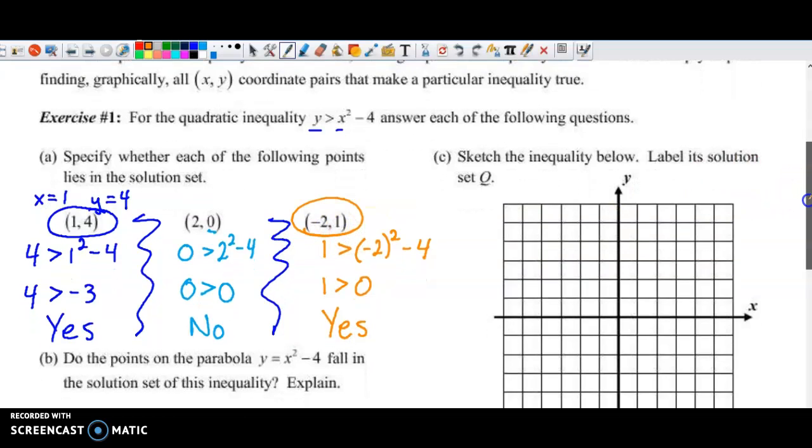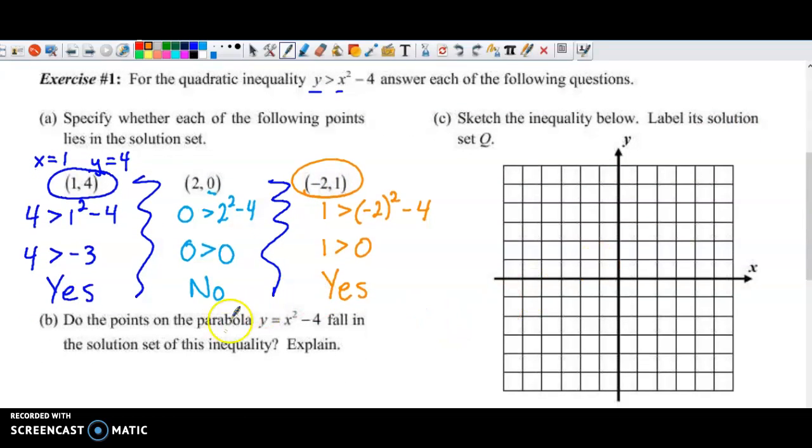Now, in this problem, the points on the parabola y equals x squared minus 4 are not in the solution set because of this equal, and this was just a greater than.